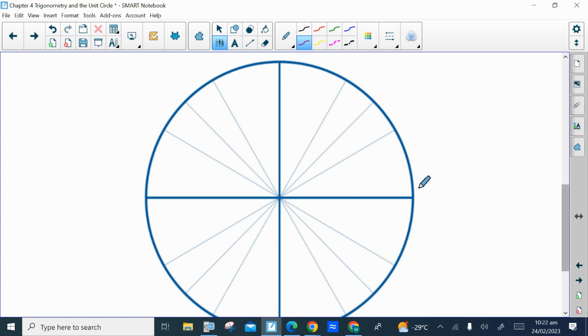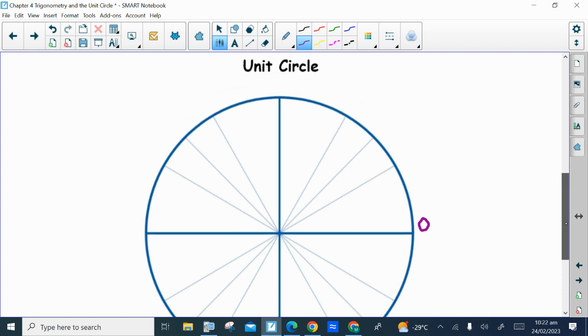So we start here, all our angles start in standard position, which means that you're starting on the positive x-axis, right? You can think of this as an xy axis. This is the positive x-axis there. So starting at 0 degrees.